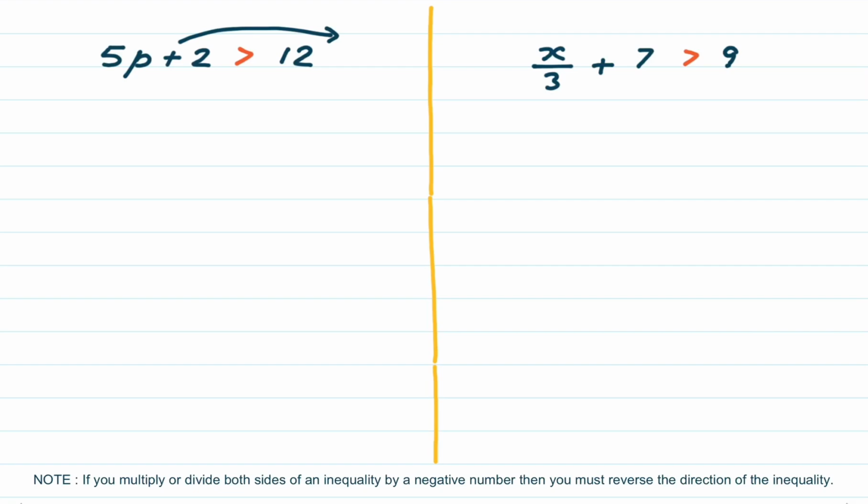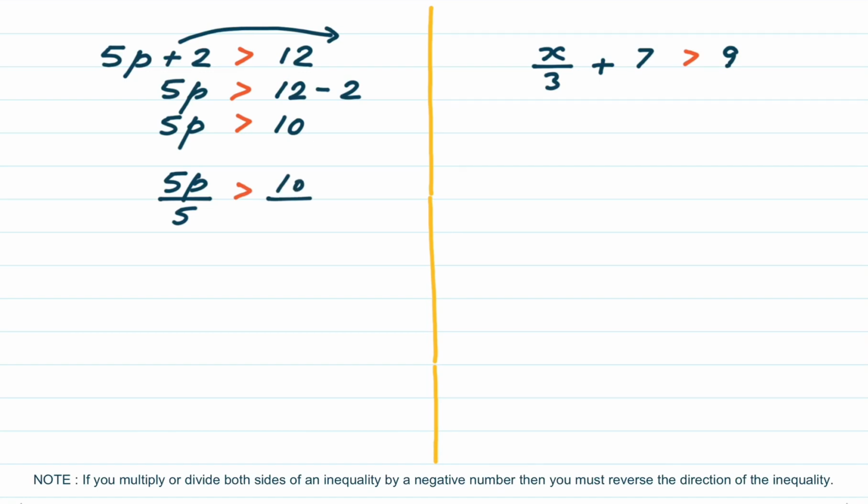So I get 5p greater than 12 minus 2, which is 5p greater than 10. 5p divided by 5 greater than 10 divided by 5, which is p greater than 2.